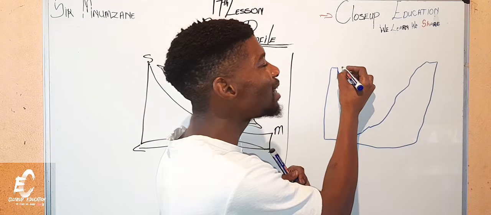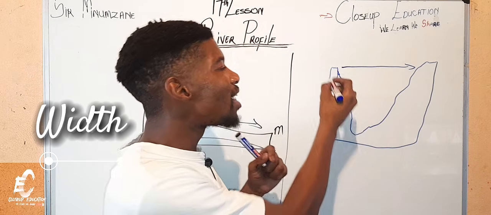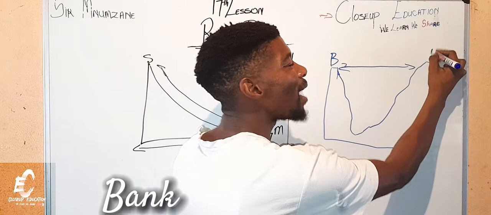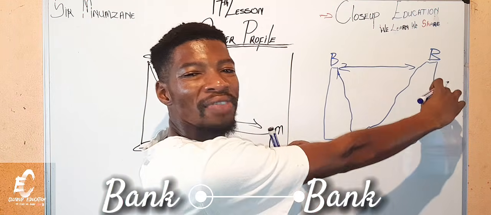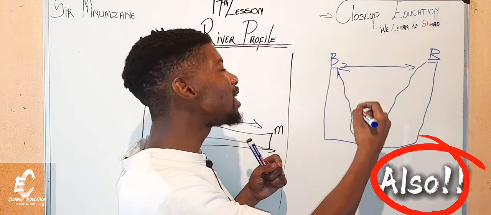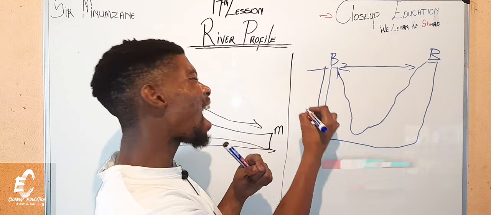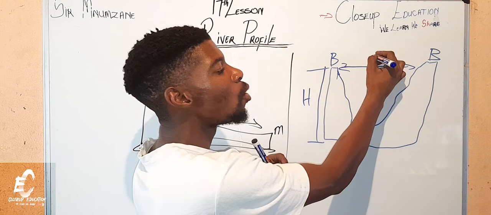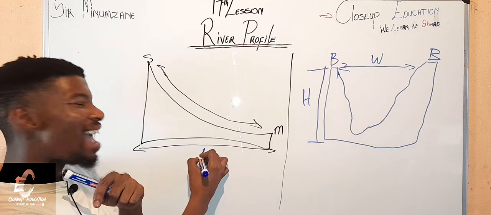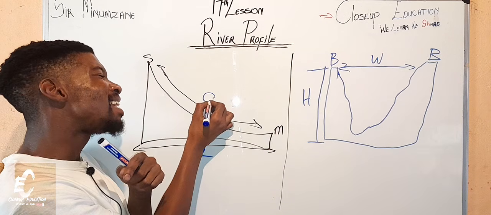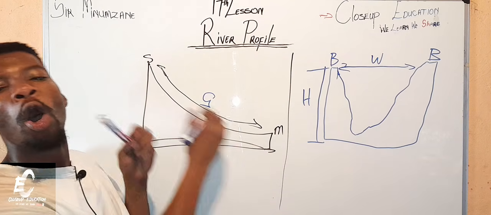You can definitely see the width of the river, from where? From bank to bank. You could also see the height of the river.